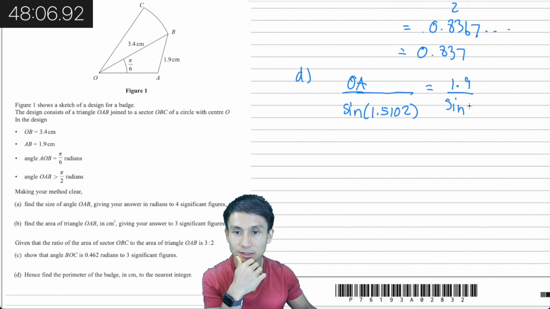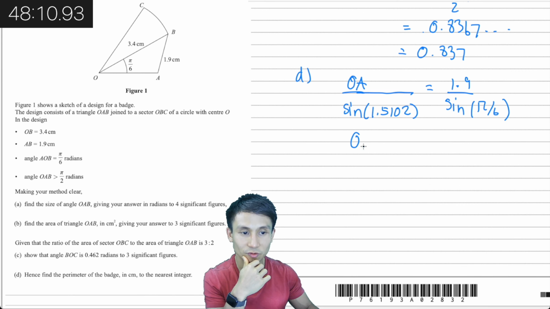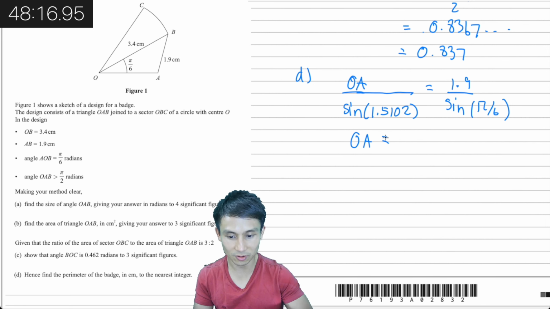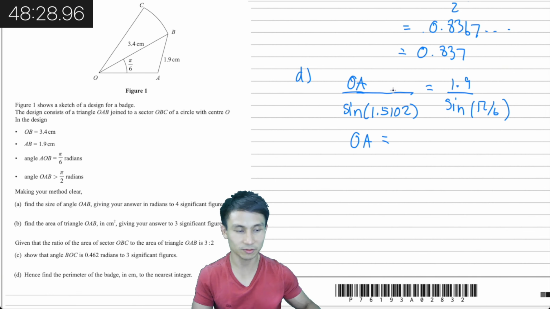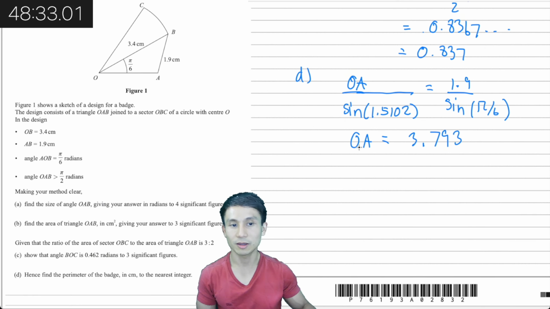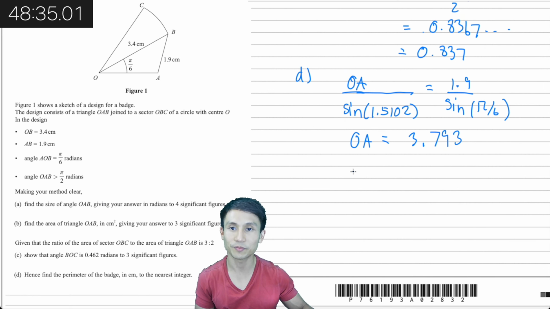And yeah, so this would be pi over 6. Okay, so OA is equal to 1.9 times sine of 1.5102, divided by sine of pi over 6, which is 0.5. Yeah, so that's that. And then we add them all up.